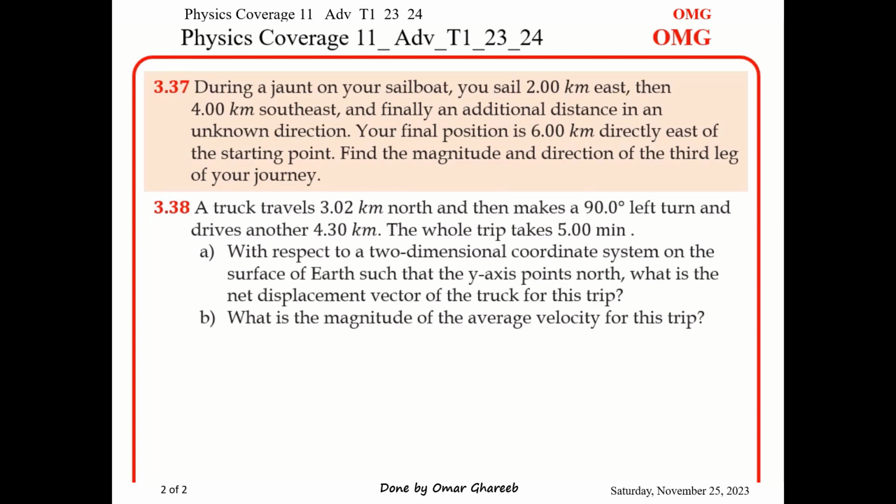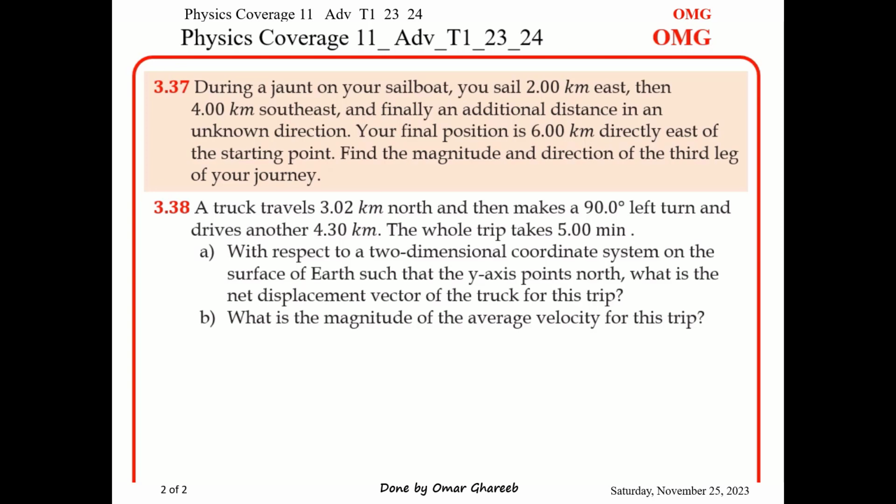The whole trip takes 5 minutes. With respect to a two-dimensional coordinate system on the surface of the Earth such that the y-axis points north, what is the net displacement vector of the truck for this trip, and what is the magnitude of the average velocity for this trip? It is the same as the last question, but here we have to find the average velocity.